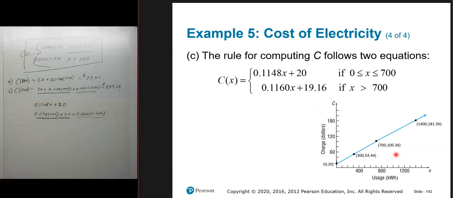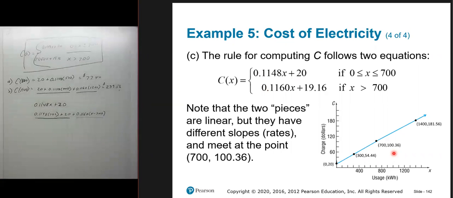So at 700, it doesn't matter if you use the less than or equal to, or if you use the greater than 700, you're going to get $100.36 as the cost of 700 kilowatt hours. Please note the two pieces are linear, but they have different slopes and meet at the same point.